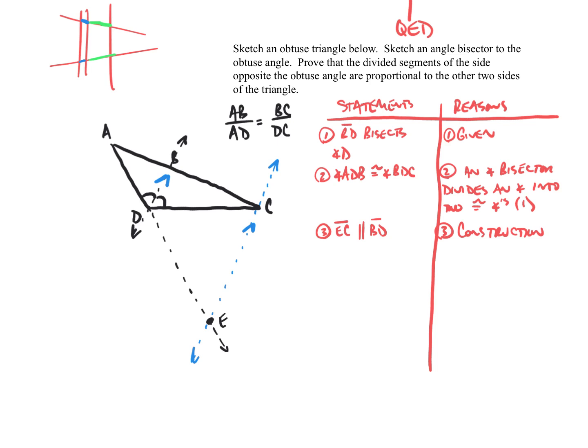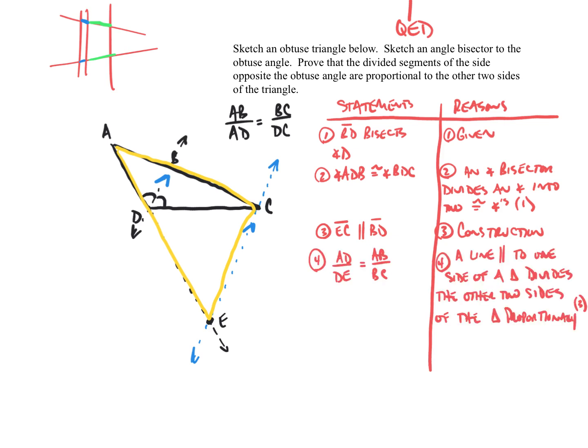What we're going to notice now is I have a great opportunity to apply the triangle proportionality theorem to get some proportions going here. So I'll go ahead and do that now. Okay, so that's pretty useful. And then the other thing that I've got is if this line is parallel, that gives me an angle that's congruent to this angle here because I've got parallel lines, so those are corresponding angles.